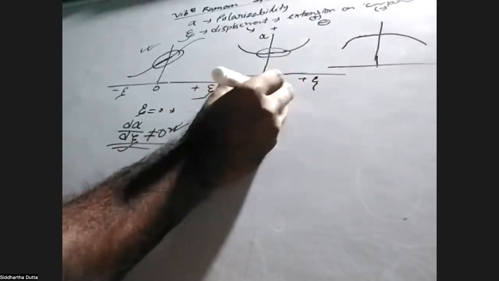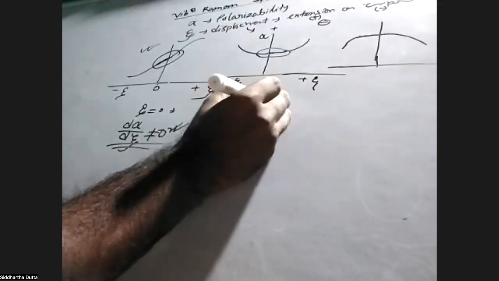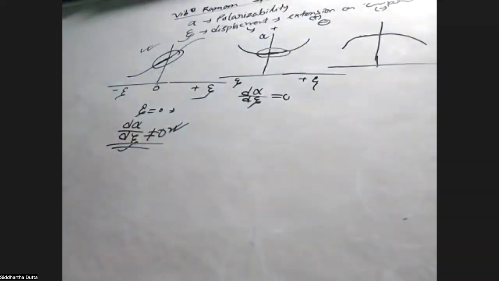But in case of symmetric bending or bending vibration, near the equilibrium position, d alpha by d xi equals 0. This is the flattened curve here. And for the asymmetric stretch, here also d alpha by d xi is equal to 0.